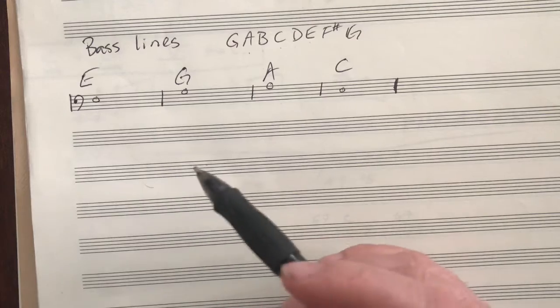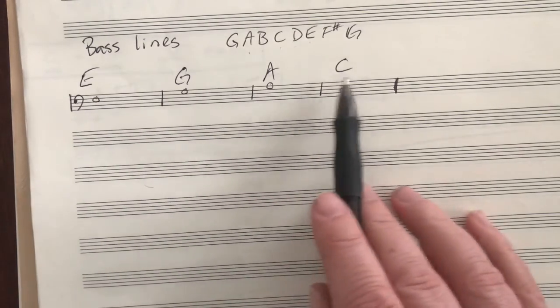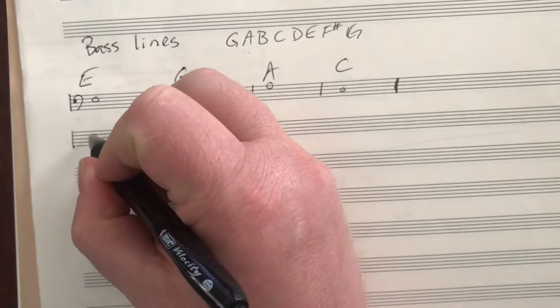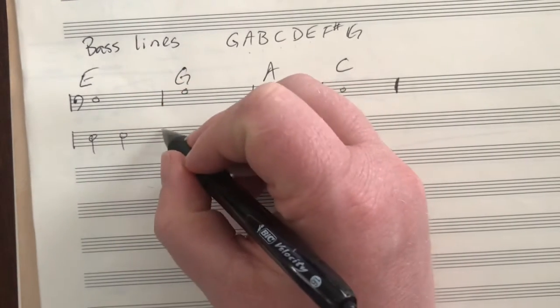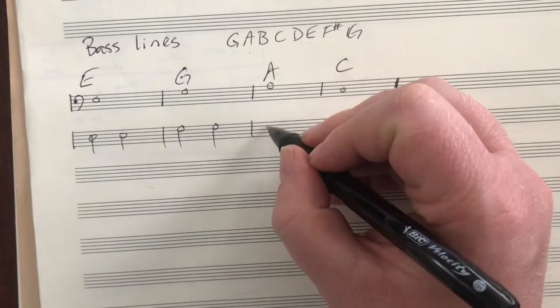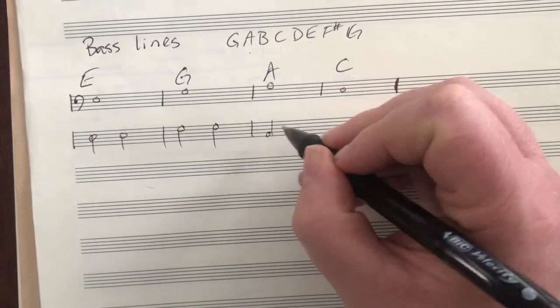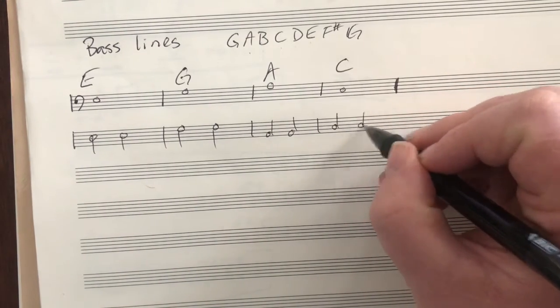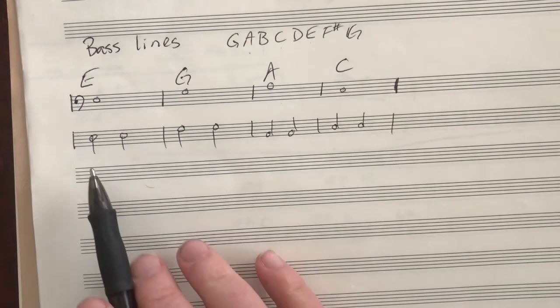So the next thing that we can try is varying the rhythm. So I can just go through, and now I'm going to make 2 whole notes on each. I'm going to go to the lower A here, and then I'm going to do that again.